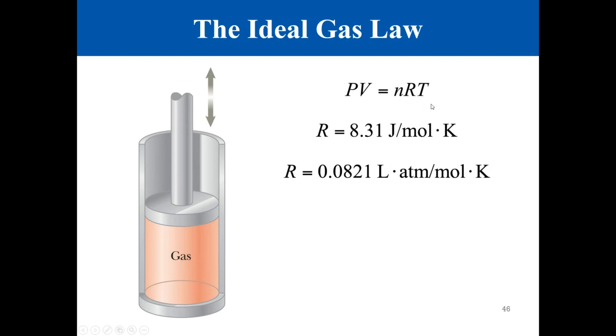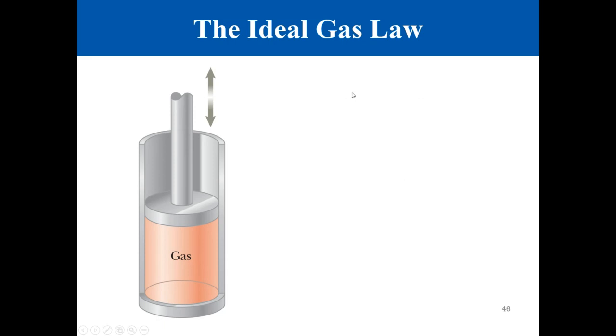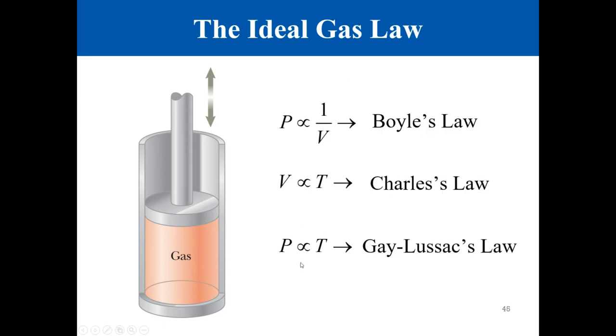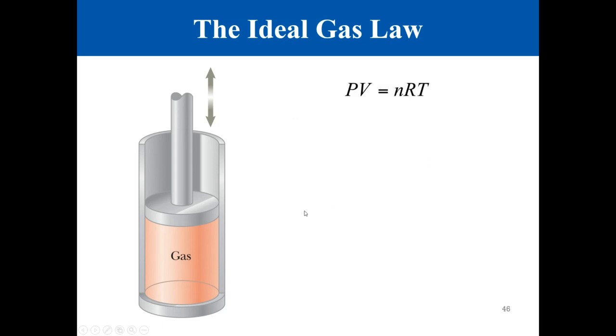So in this equation you have P, V, and T. When we want to study or describe the gas, we will need these three parameters: the pressure of the gas, the volume of the gas, and the temperature of the gas. This is a very important equation.